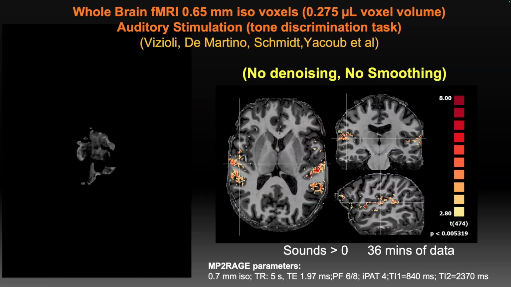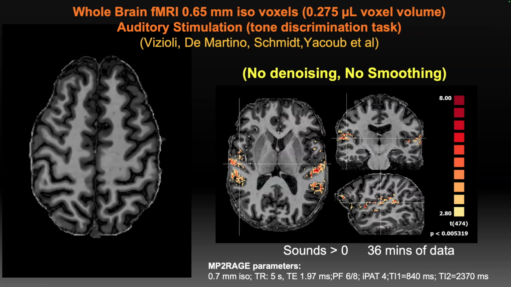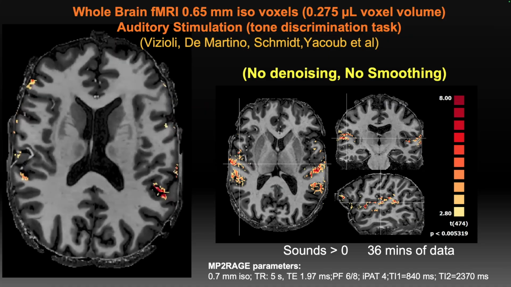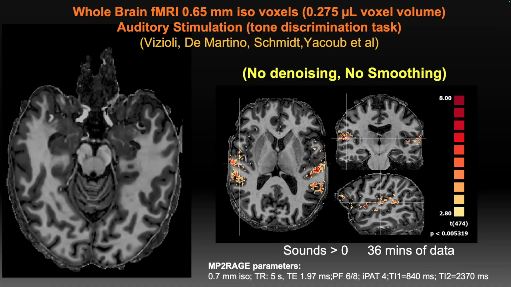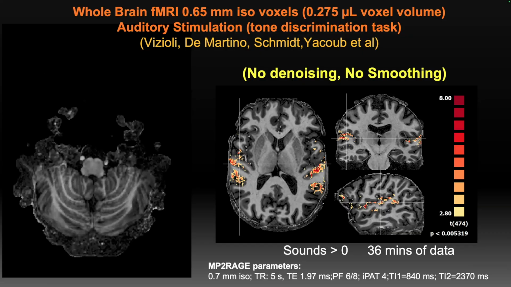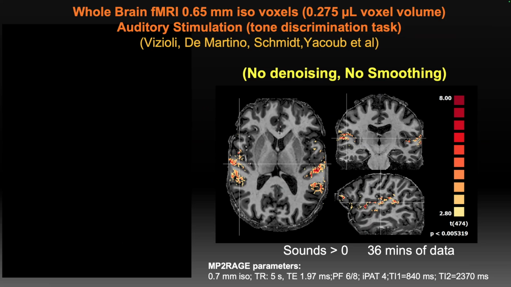Some results from 10.5 Tesla. This is auditory cortex. We are back to auditory cortex. And now this is at 0.65 millimeter isotropic, and again, no denoising, no smoothing. This is the highest resolution auditory cortex fMRI data you have right now.